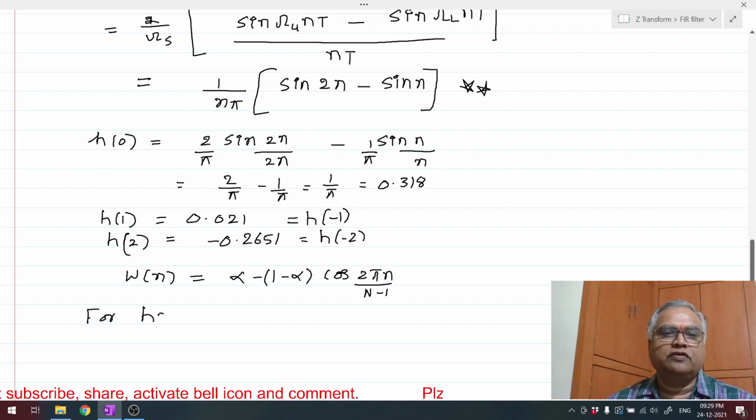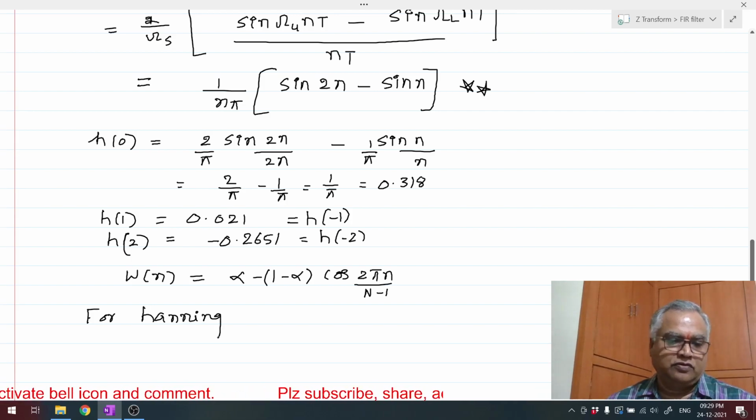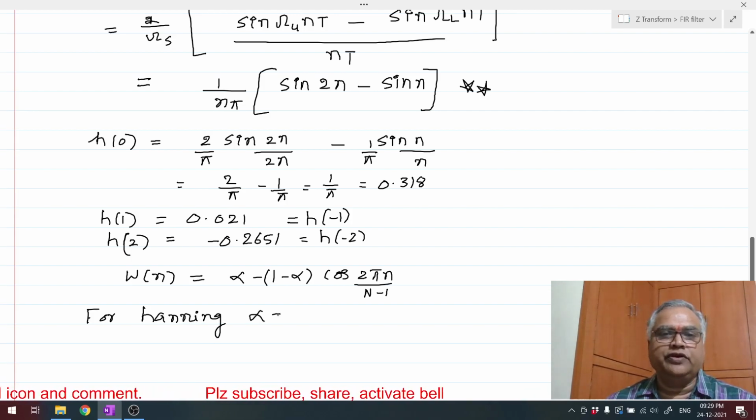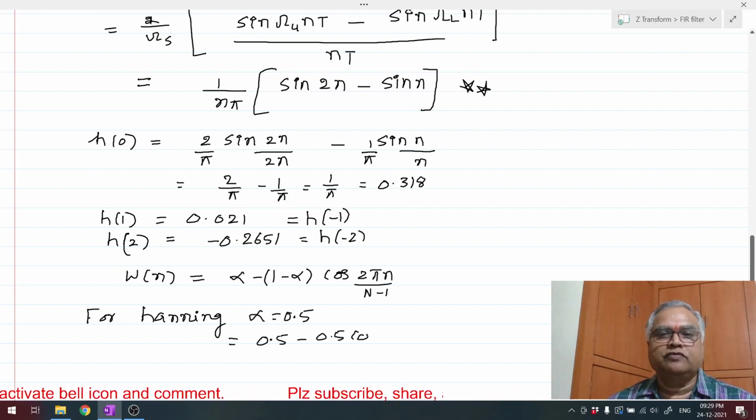For Hanning, alpha is 0.5, so this will be 0.5 minus again 0.5 cos 2 pi n by 5 minus 1, which is 4.